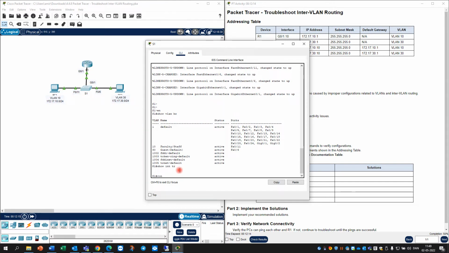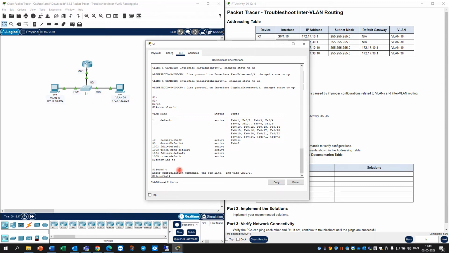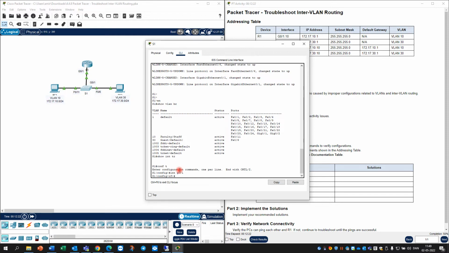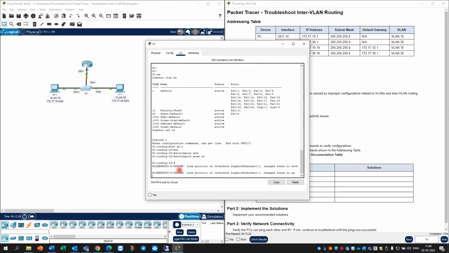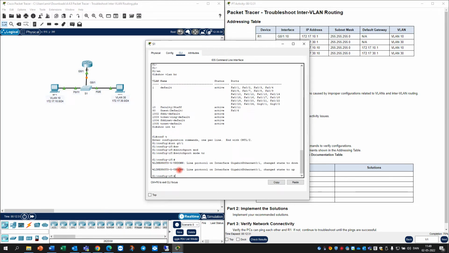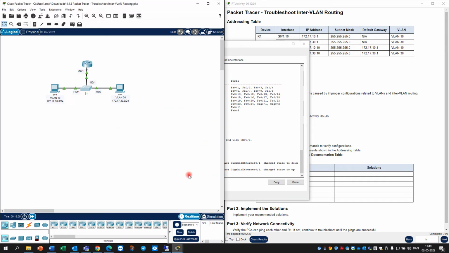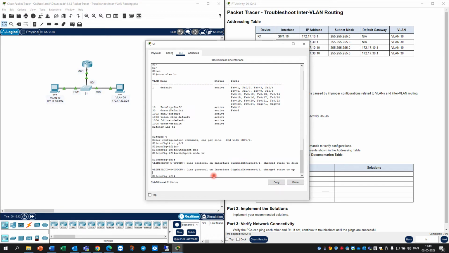In this situation, you should go to configure terminal and write interface G0/1, and also write switchport mode trunk, and you can see it will immediately be up. We don't have any native VLAN issue here. We should also click on this one, and you can see forward, and it will be green right now.